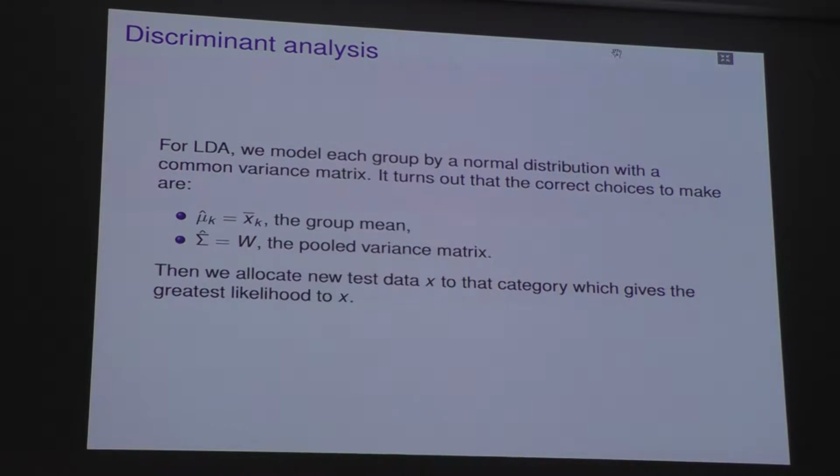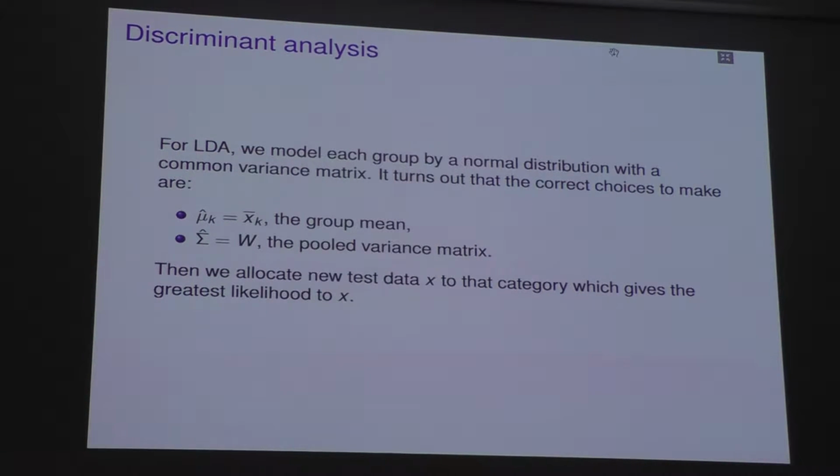This gives us a way of allocating new data. If we get some new data X, we work out the probability density functions of each of the classes, and we allocate it to the class where the probability density function is largest. So that's the greatest likelihood.